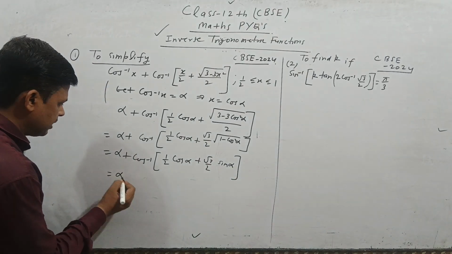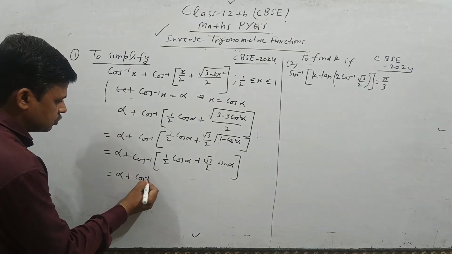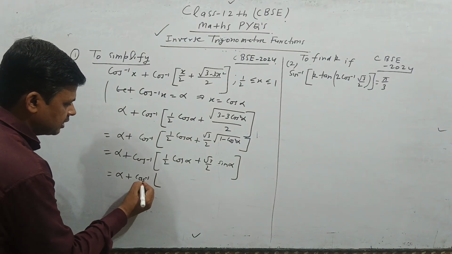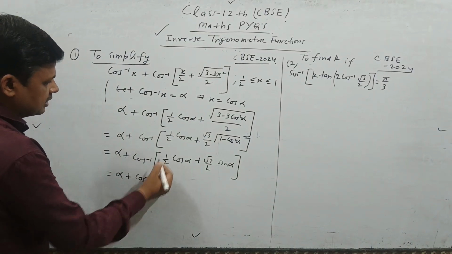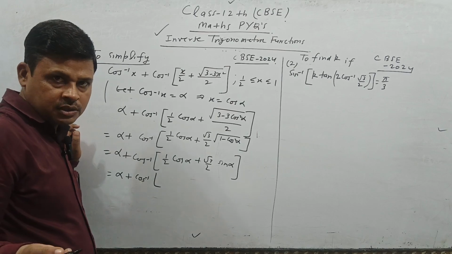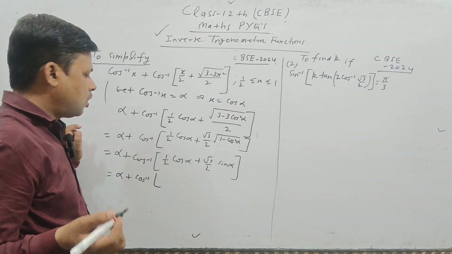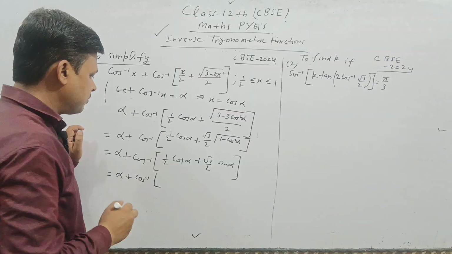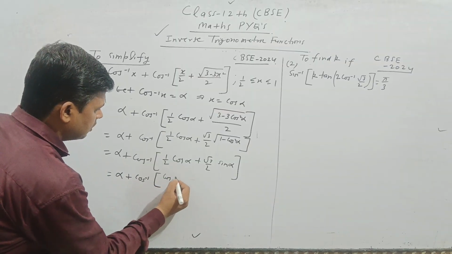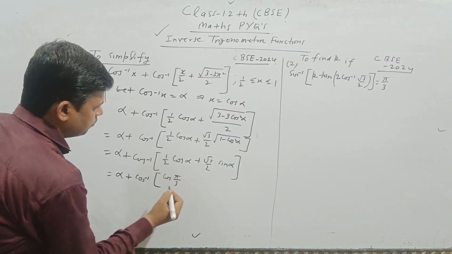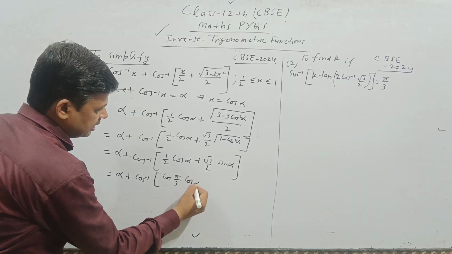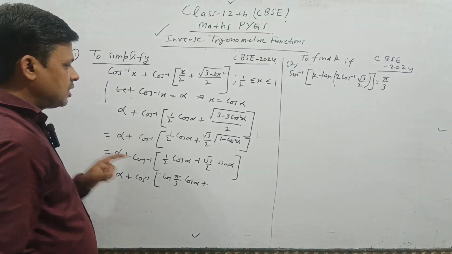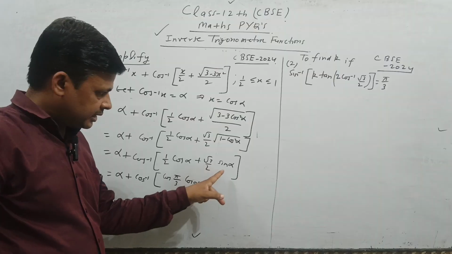We have to do alpha plus cos inverse. Here, what is 1 by 2 in terms of cos? You know that cos 60 degree, that means cos pi by 3, is equal to 1 by 2. So in place of 1 by 2 you can write cos pi by 3, here is cos alpha.